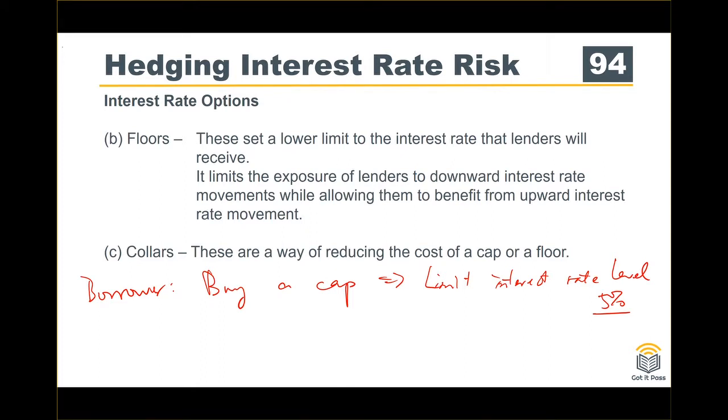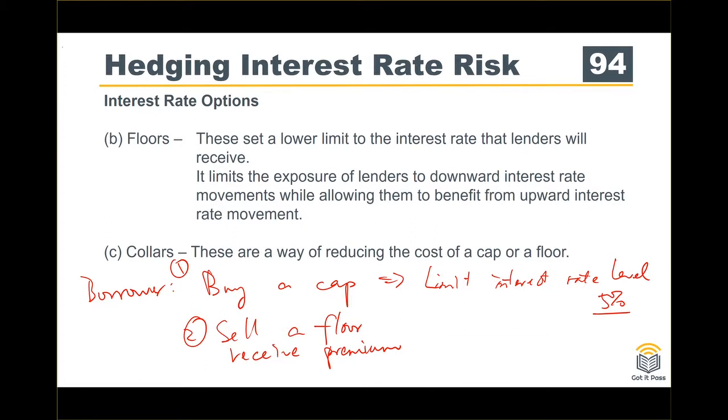But for the collars, first of all, you buy a cap. Collars are for the borrower, and the second is you sell a floor and receive premium. So in other words, it is a relatively low cost option strategy.